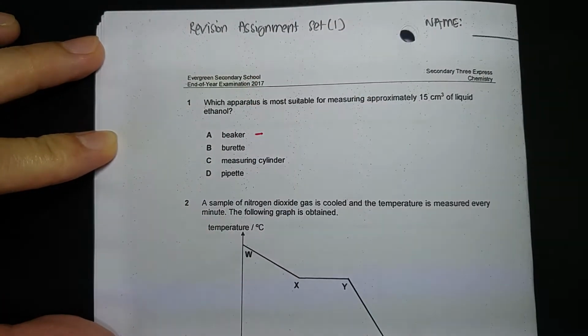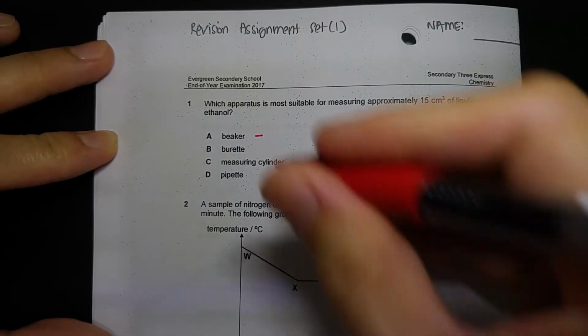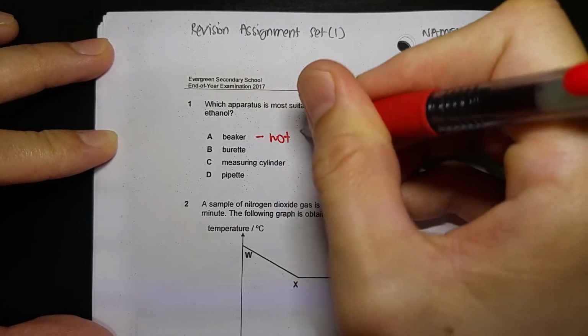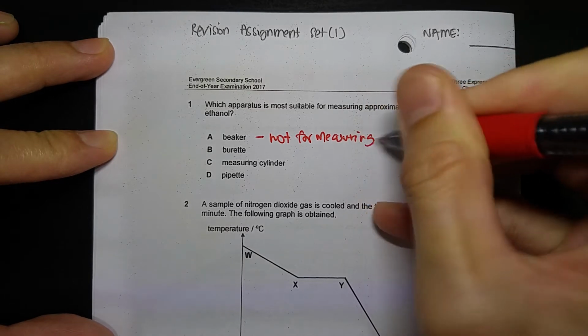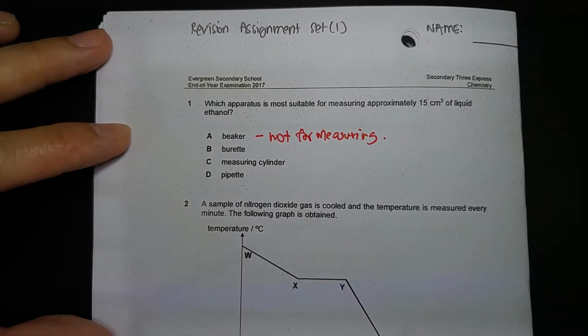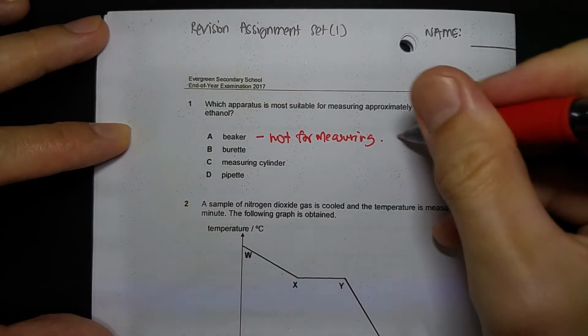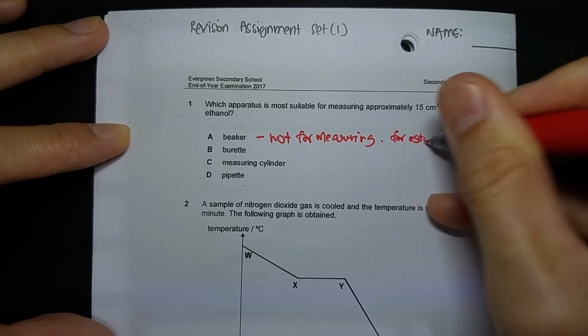Now, a beaker is not for measuring. It is not for measuring a liquid. It is actually for estimating.